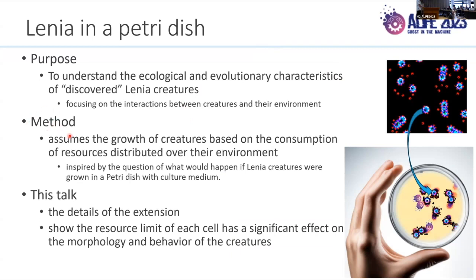The method is to assume the growth of creatures based on the consumption of resources distributed over their environment. This is inspired by the question of what would happen if the Lenia creatures were grown in a petri dish with cultural media. So this talk explains the details of the extension and also shows that the resource limit of each cell has a significant effect on the morphology and the behavior of creatures.